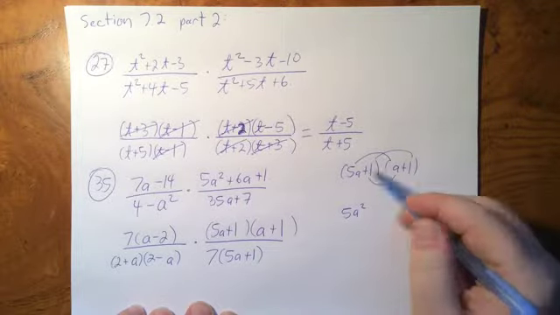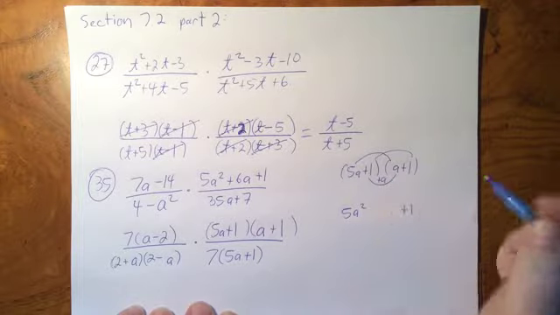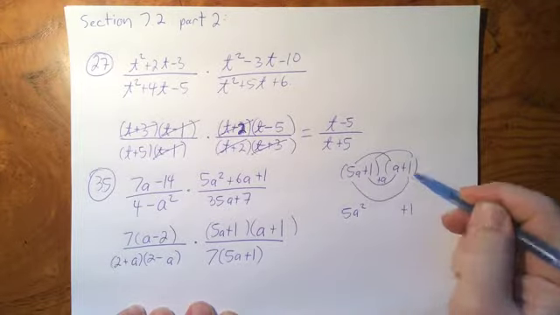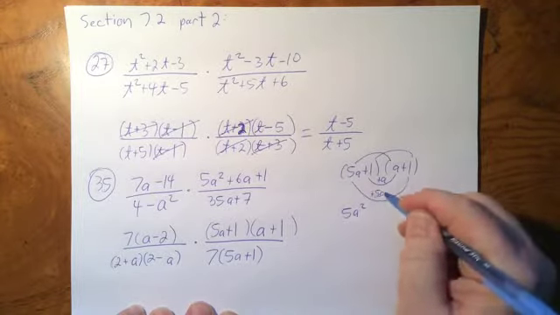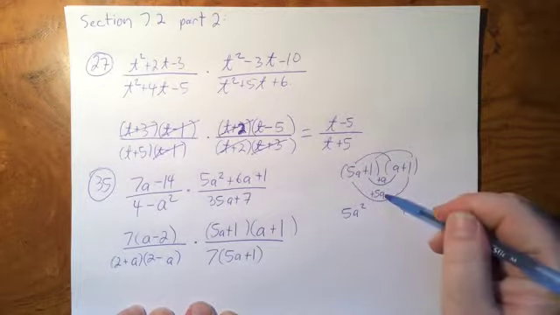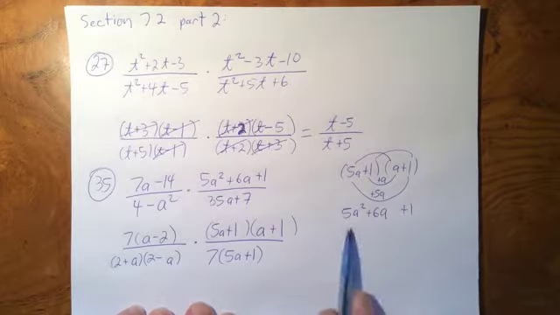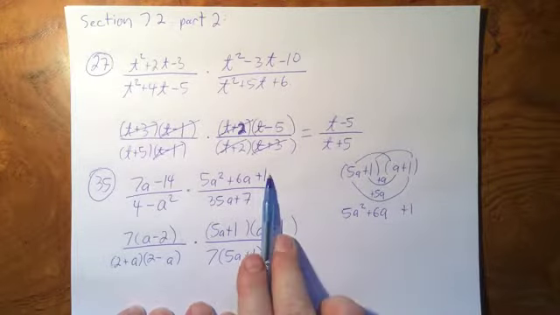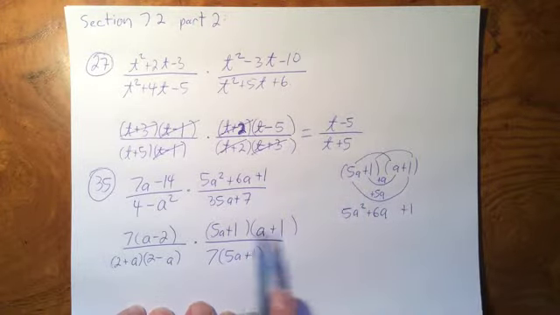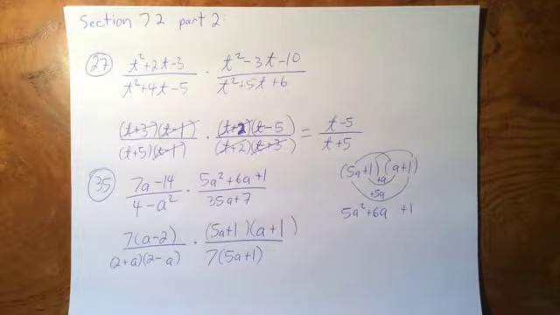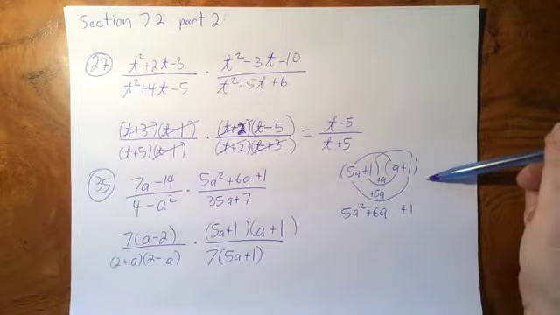Doing the inner now, 1 times a will give me plus a. 5a times 1 will give me plus 5a. A plus 5a gives me 6a. And since I get back the original trinomial, I know I have the correct pair of factors. So this is one way that you can check your work.